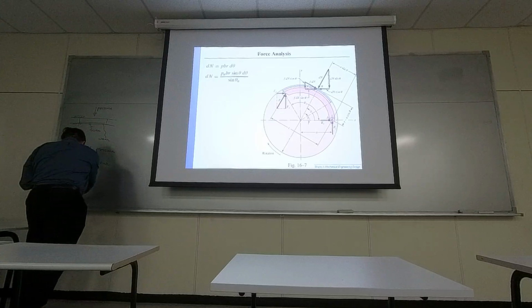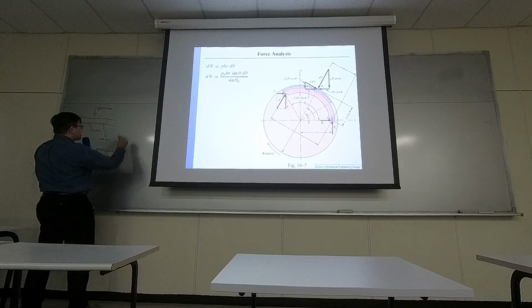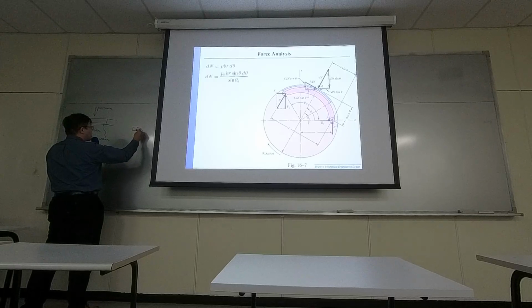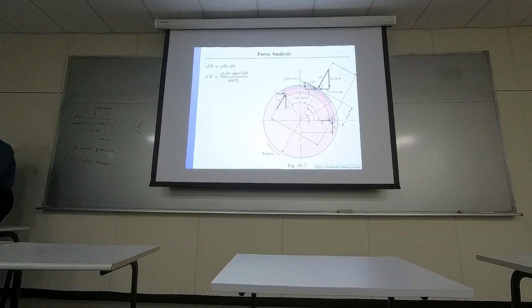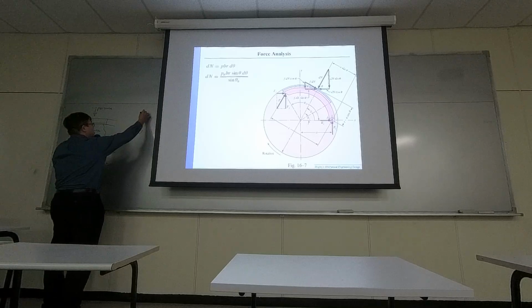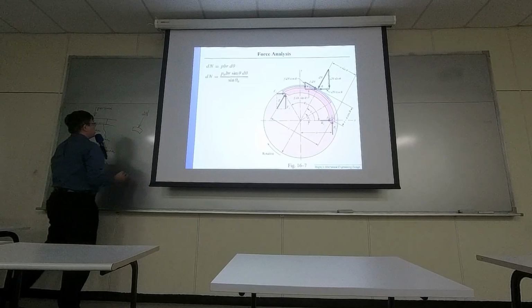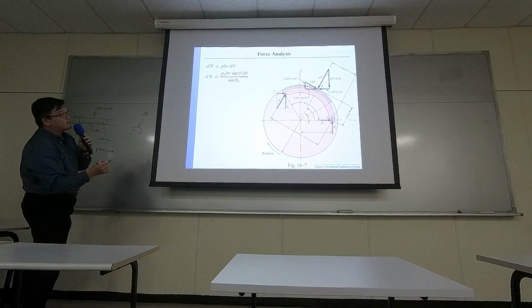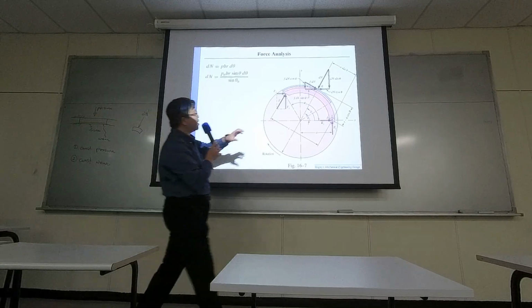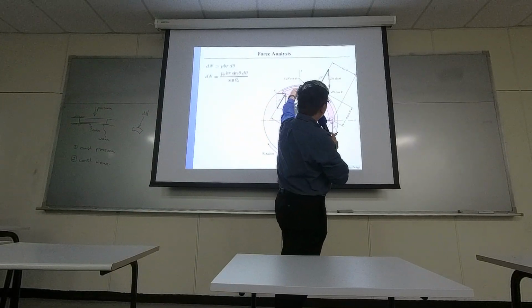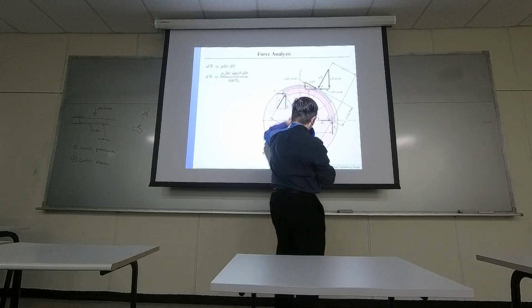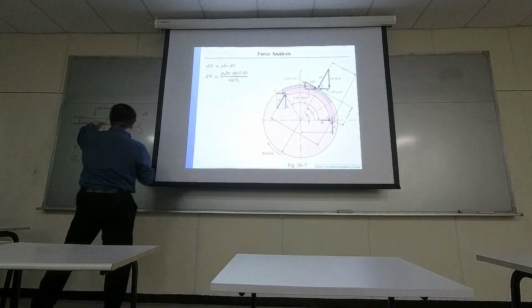So they made a small cut and treat it as a small increment of the normal force, and it depends on how the outer ring rotates. So there's a friction force. Let's say the friction force goes this way.